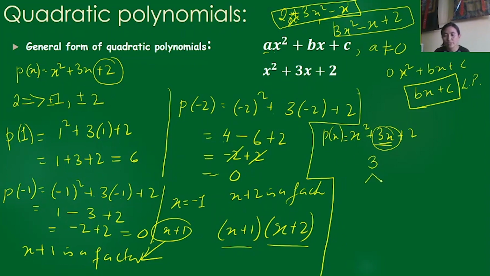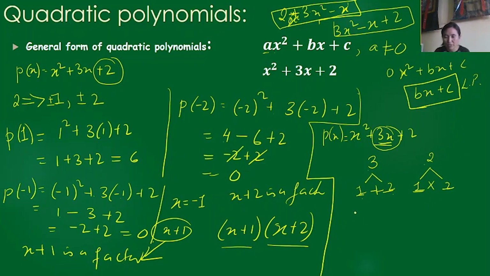You need to find two numbers whose sum is 3, here positive 3, and at the same time, when you multiply those two numbers, you should get 2. So we have 1 into 2 is 2, and 1 plus 2 is 3. We are getting both the sum as well as the product.